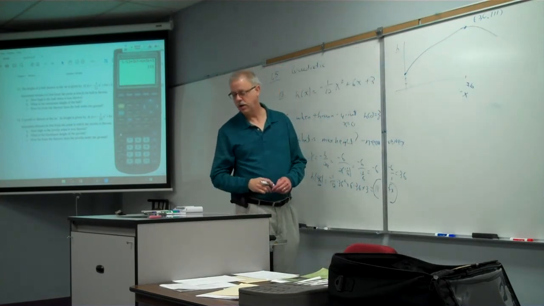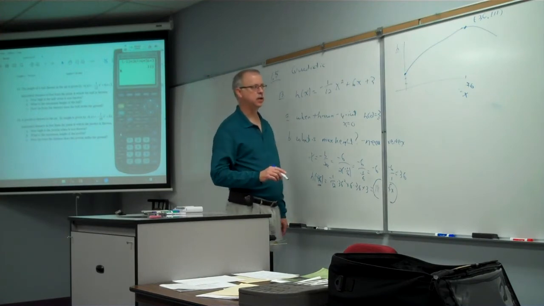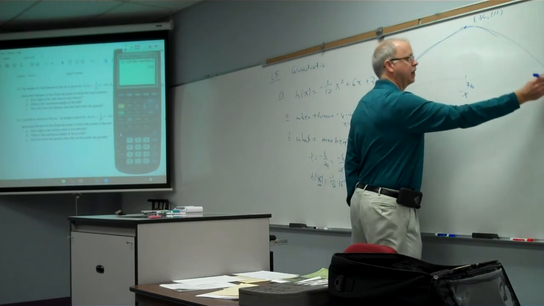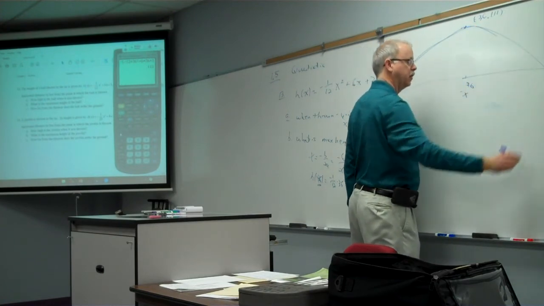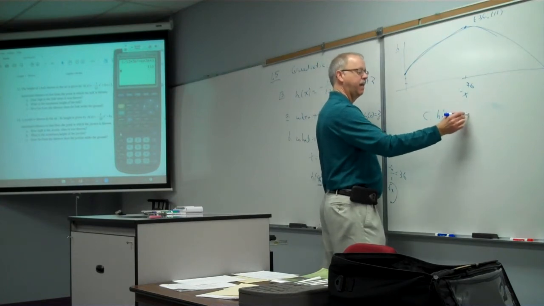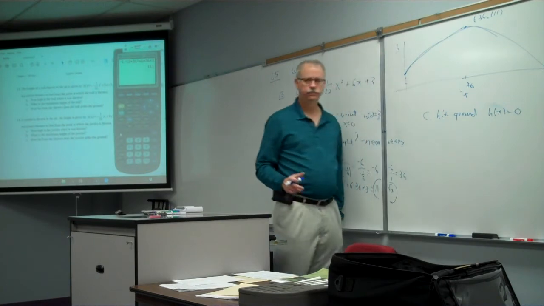And C, they ask, how far from the thrower does the ball strike the ground? So it's going to come back down and eventually come over here and hit the ground. So in C, for hitting the ground, we need to figure out where the height is 0.